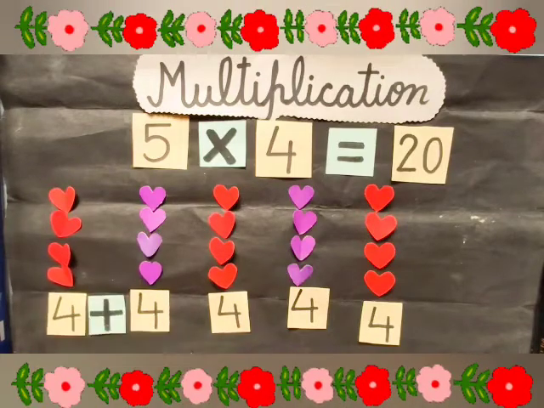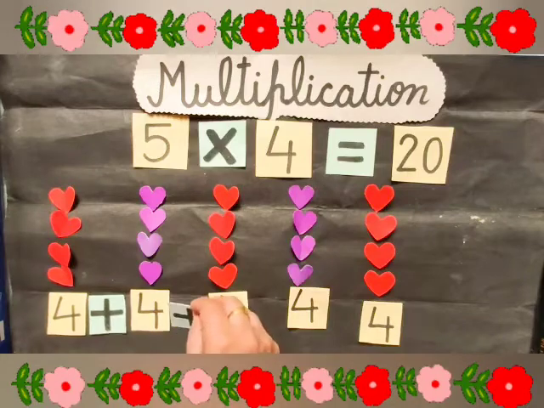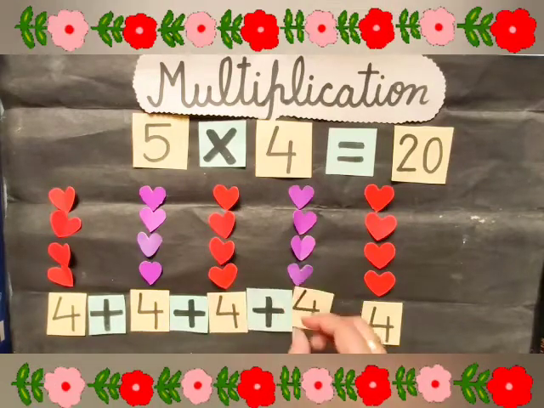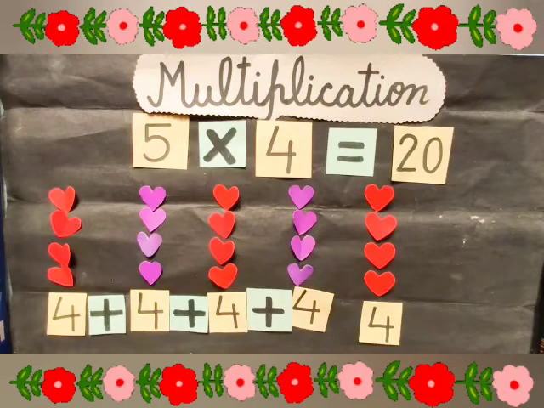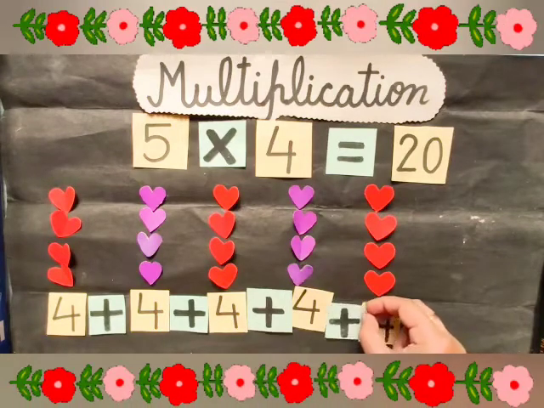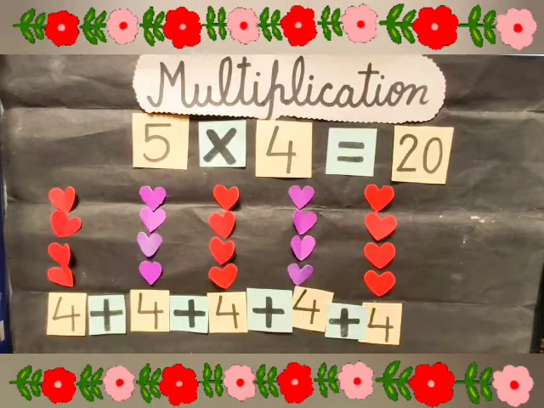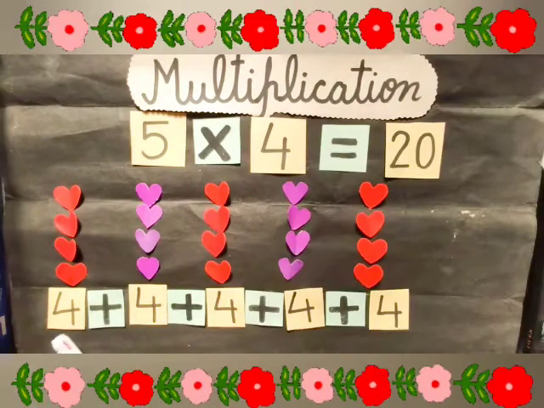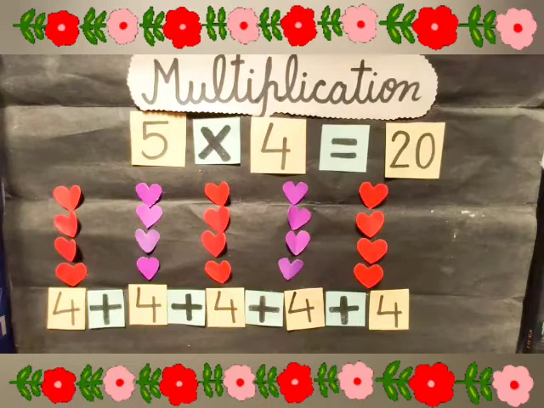4 plus 4, 8. 8 plus 4, 12. 12 plus 4, 16. And 16 plus 4 is equal to 20. Here we are adding the number 4 again and again. And children, when we add the same number again and again, it is called repeated addition.